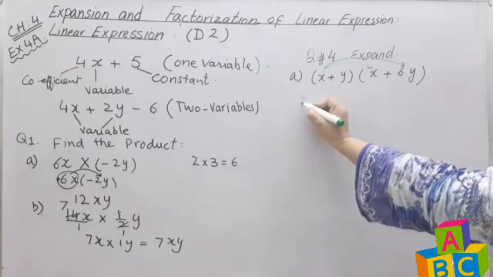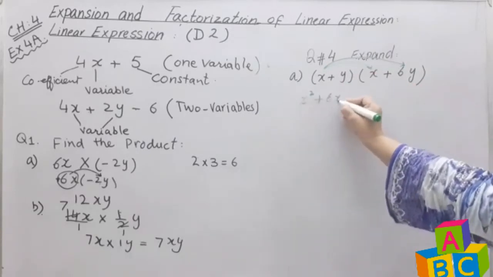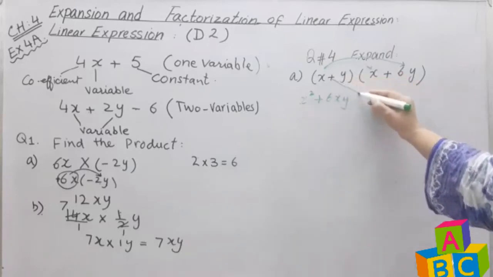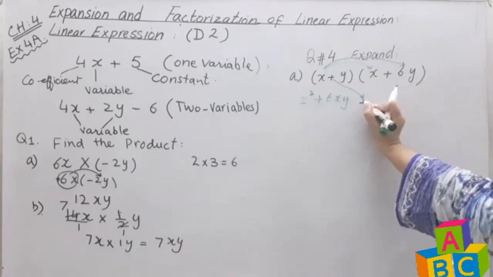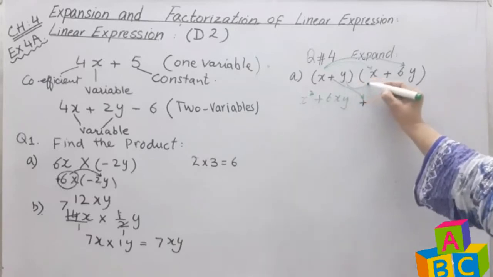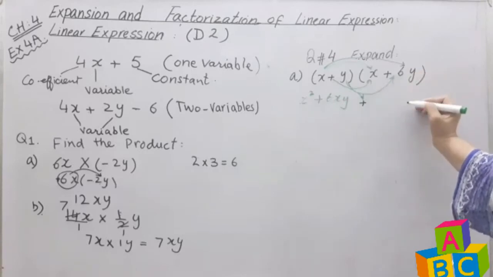Now x square plus 6xy. Now this plus comes here, we write this plus. Now this y, first multiply with x and then multiply with this 6y.